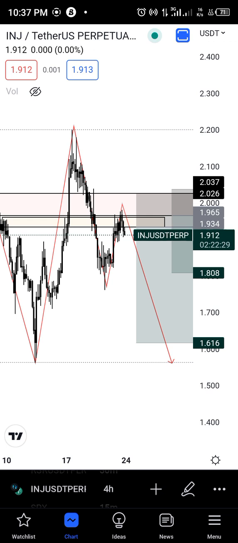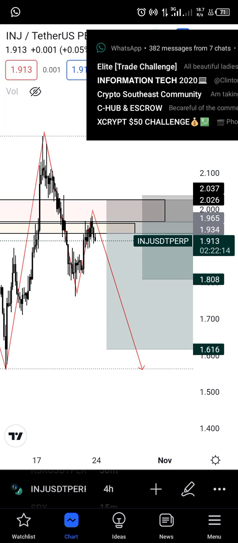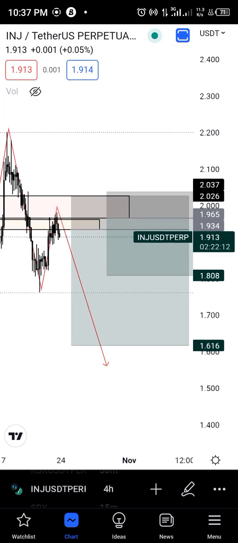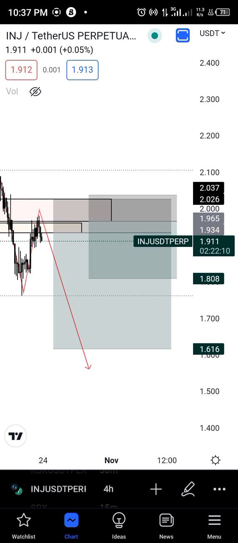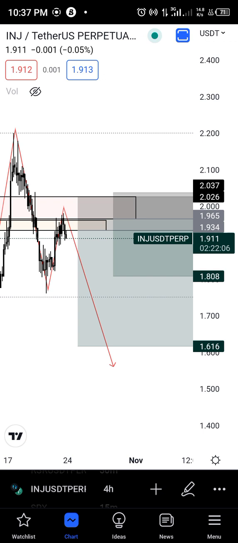Now let's talk about the direction. If it is a short, I'll be making use of this same color for all my short signals.